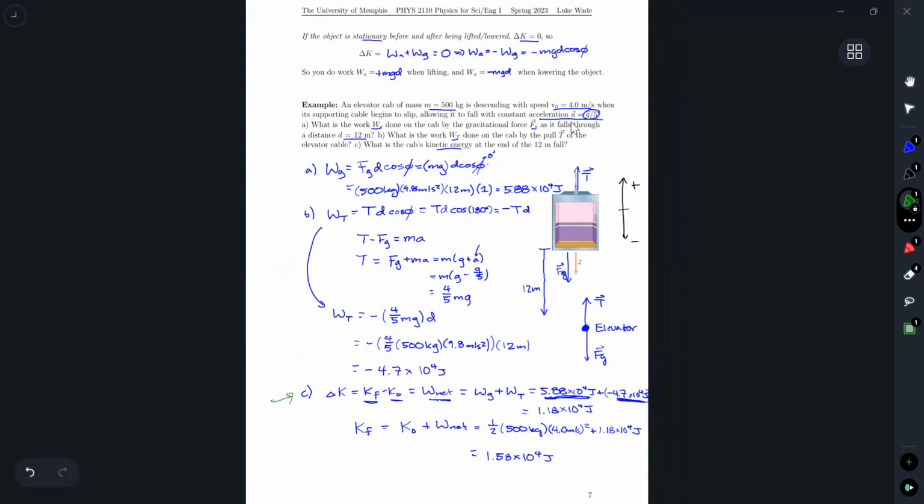This is still just another example of the work kinetic energy theorem. And so it's good to just see how we can solve for different things. But again, if you've got the gravitational force doing work on something, it's better to look at it in terms of potential energy.